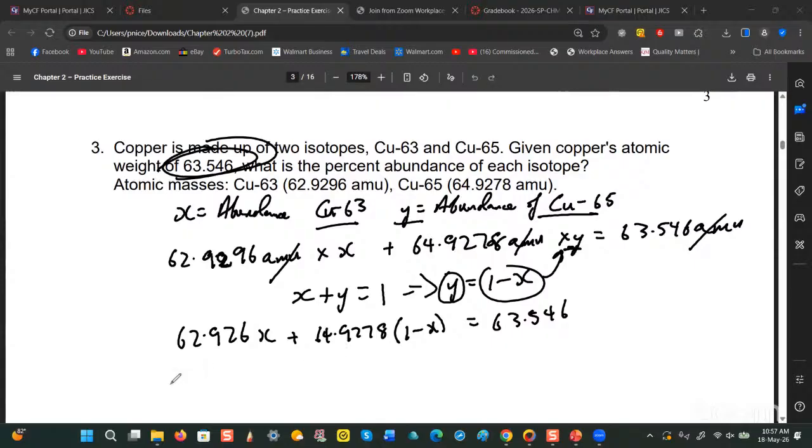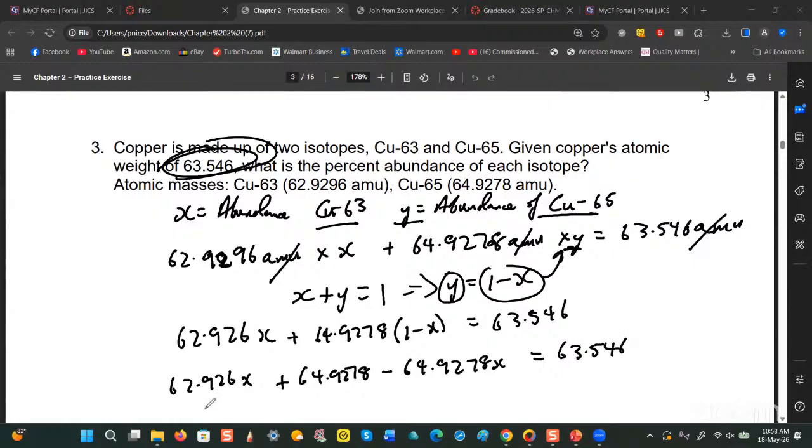So 62.926x plus 64.9278 minus 64.9278x will be equal to 63.546.